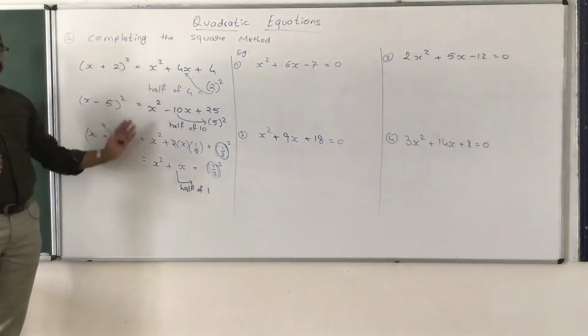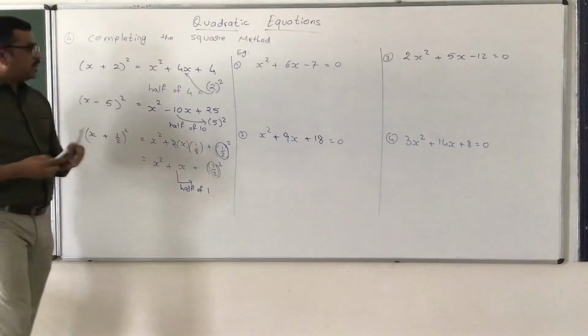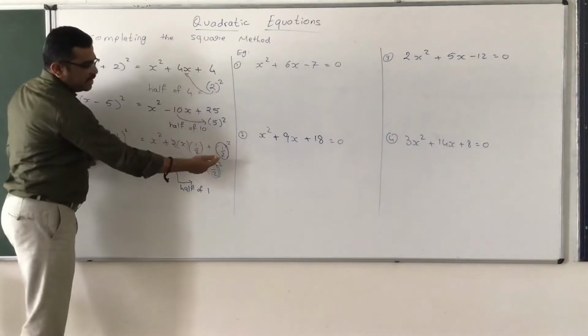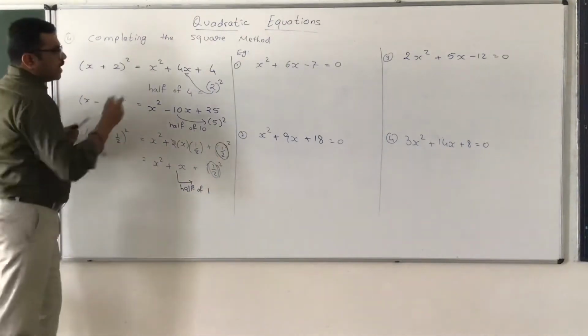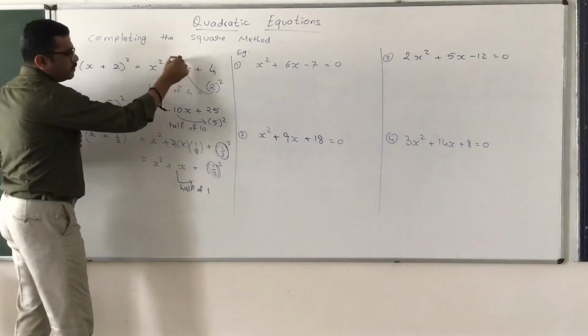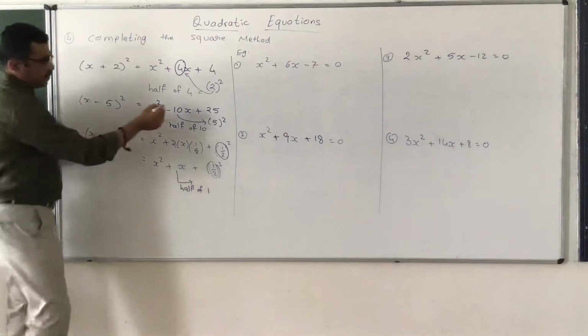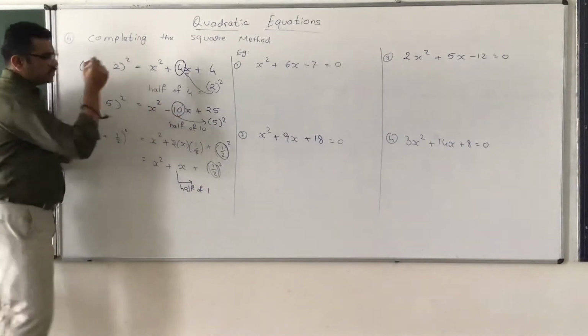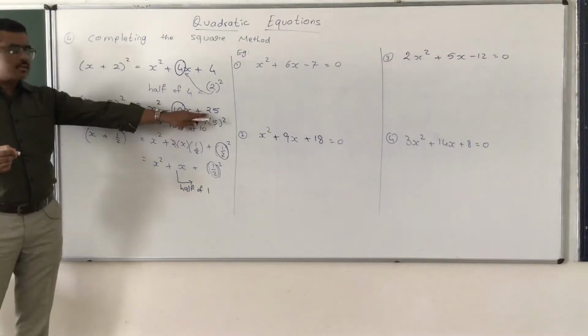So what do all these three examples show? That whatever b squared we have, b squared is half of the coefficient of x and then square of that. Half of the coefficient of x, that is half of 10, is 5 and 5 squared.